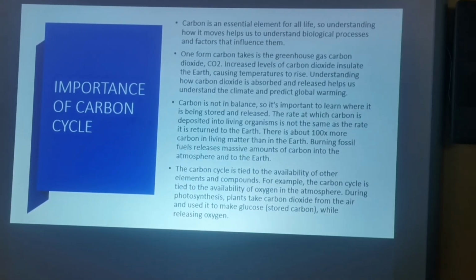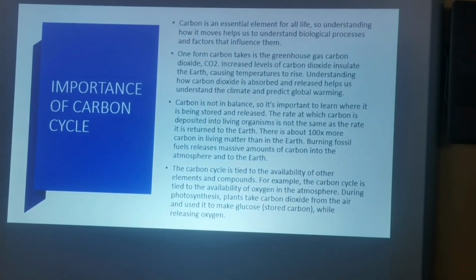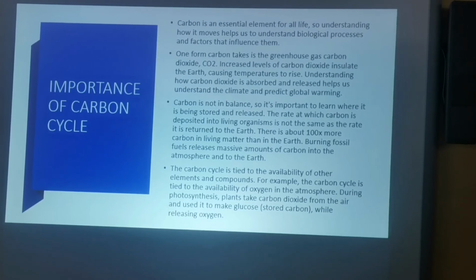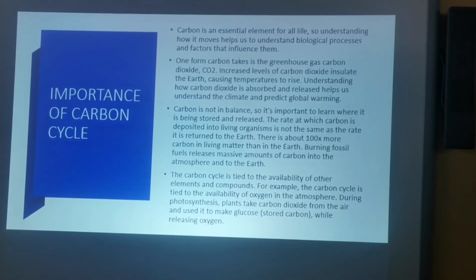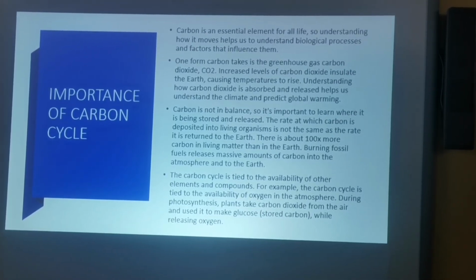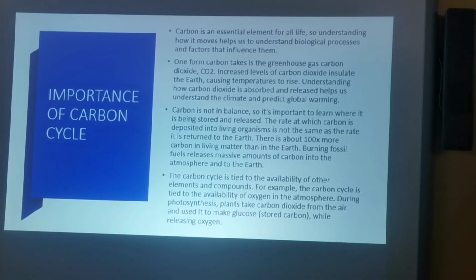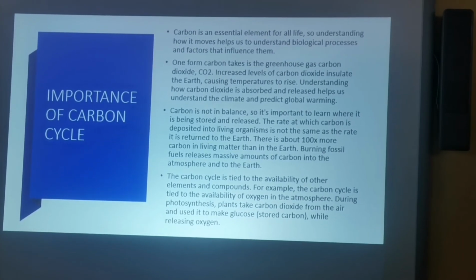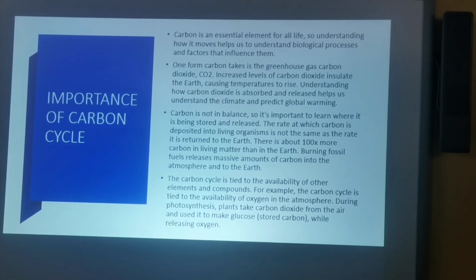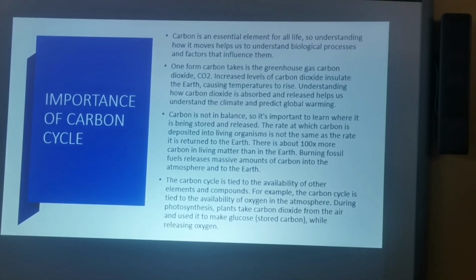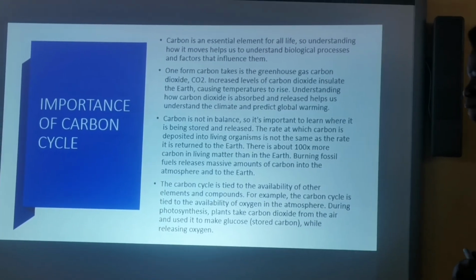One form carbon takes is the greenhouse gas carbon dioxide. Increased levels of carbon dioxide insulate the earth, causing temperatures to rise. Understanding how carbon dioxide is absorbed and released helps us to understand the climate and predict global warming.